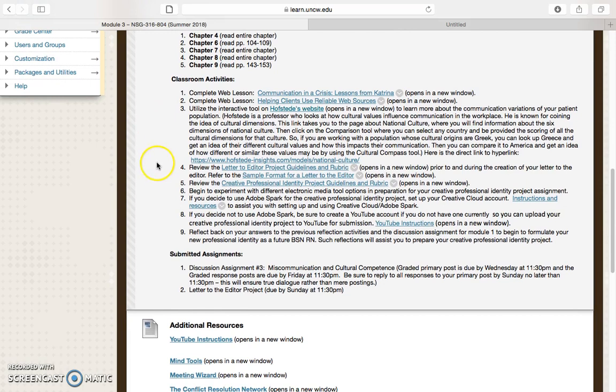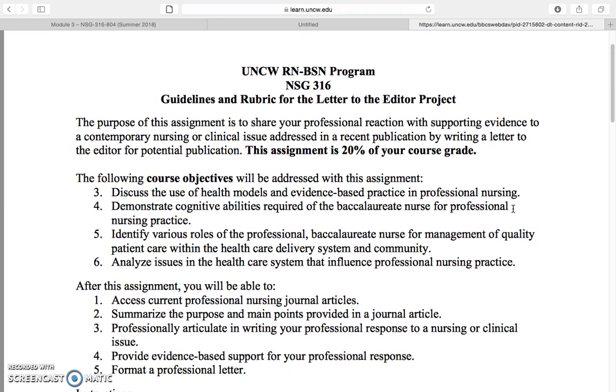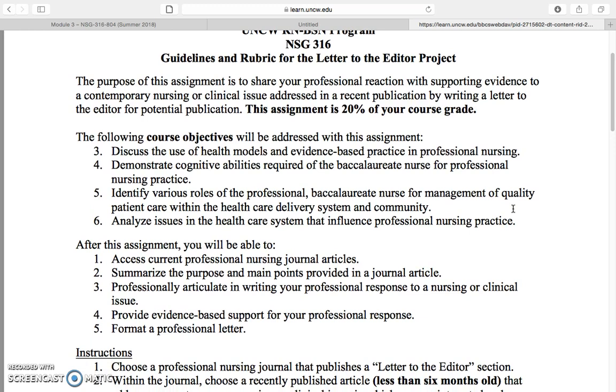Let's focus just a little bit on the letter to the editor. So in number 4, you have the letter to the editor rubric. This page gives you the guidelines and the rubric for the letter to the editor project that's due at the end of this module and the end of this week.